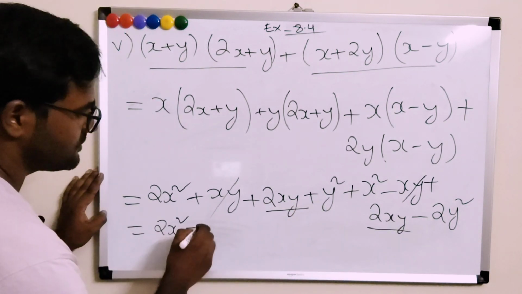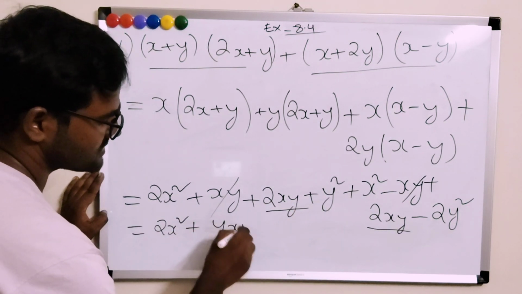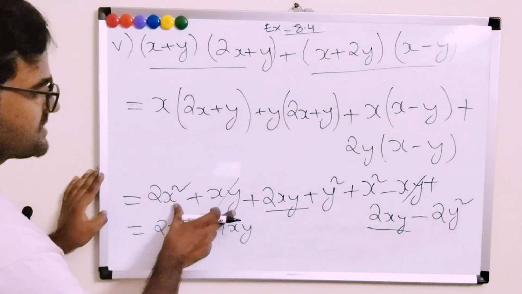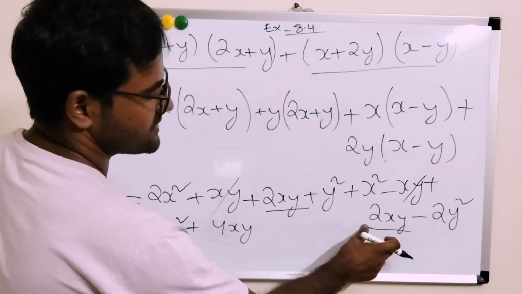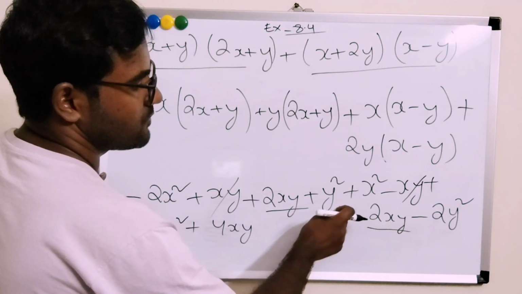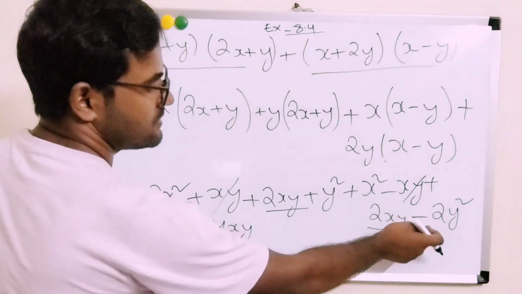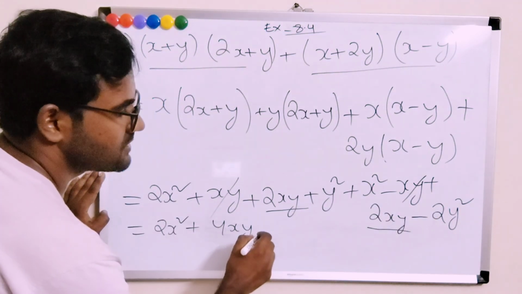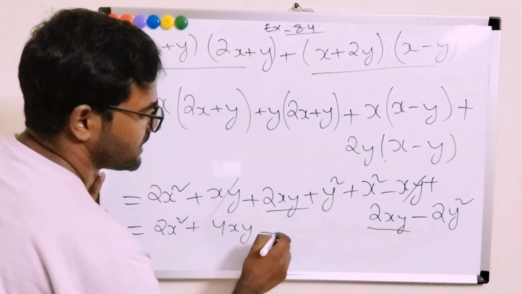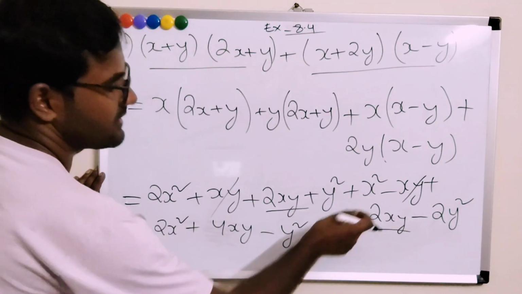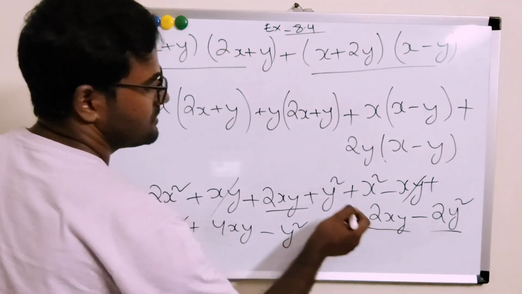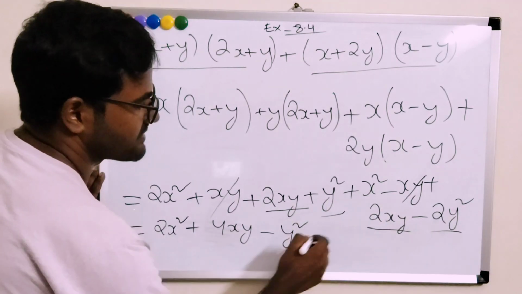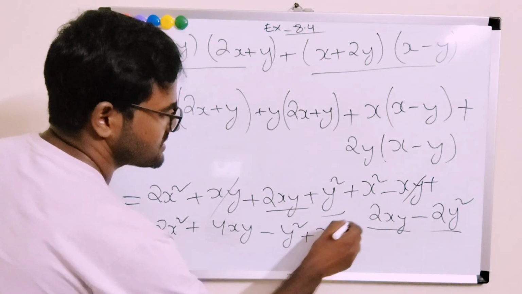It will become plus 4xy, right? So this is finished, this is finished, this is finished. Now what is left? Y square, 1y square minus 2y square. So we will get, this is bigger, so we'll take minus y square, and this x is left now. Only this x square is left, so we will write here plus x square.